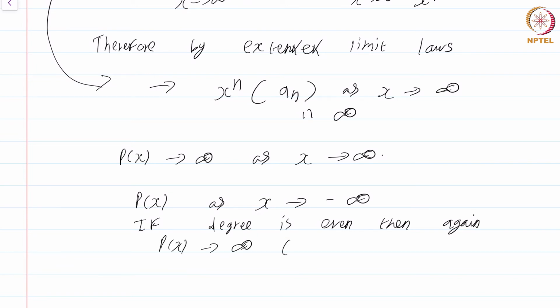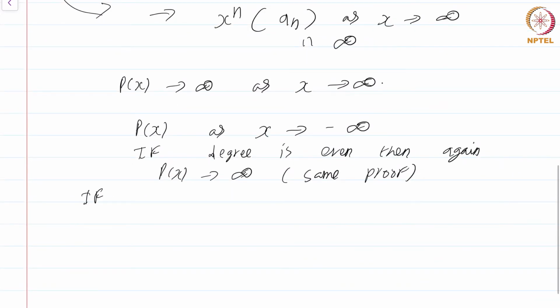The same proof will work. If the degree is odd, then p(x) converges to minus infinity. This is just again an easy proof.